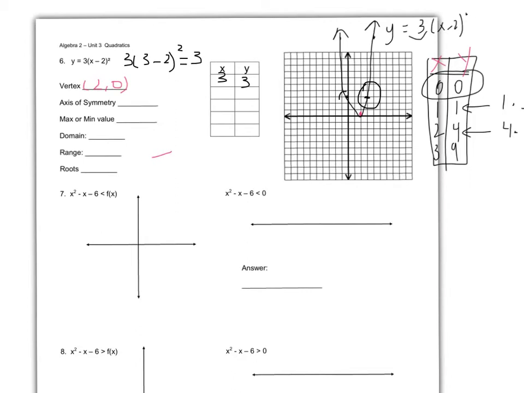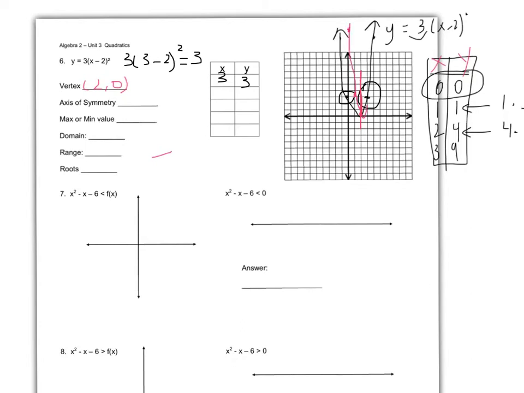Now if you plug in 0 for x, I'm sorry, as I was graphing, let me draw the points again. As you can see, symmetrical, so since this is the vertex, this point has to be somewhere over here, and this is going to be here.